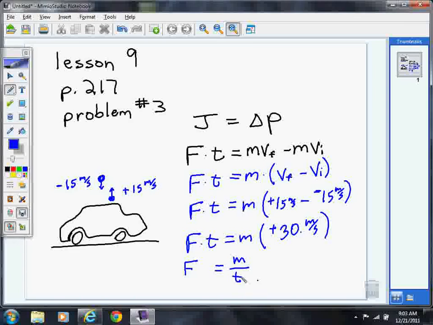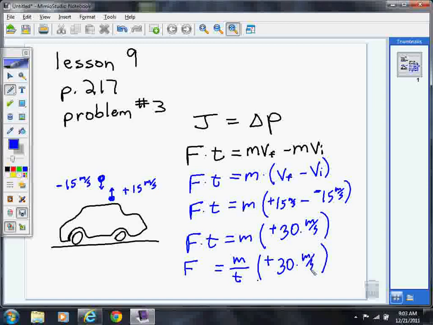That's how much hail is hitting the roof of the car per second. The amount of mass that's hitting the roof per second times the positive 30 meters per second.